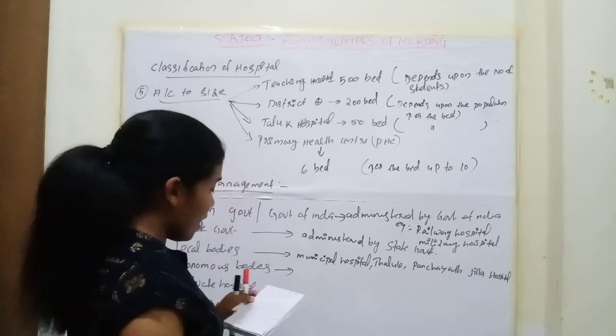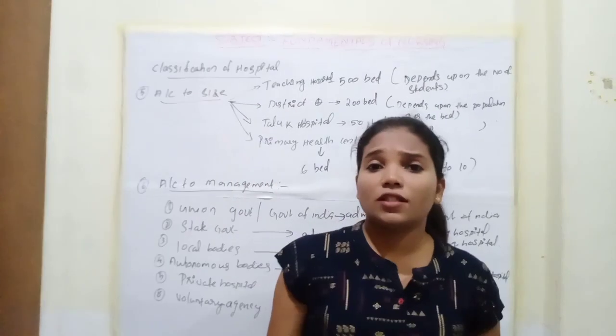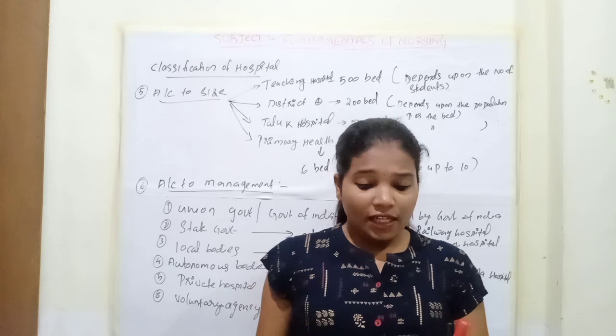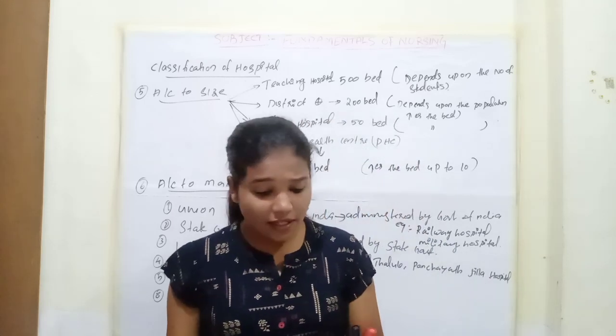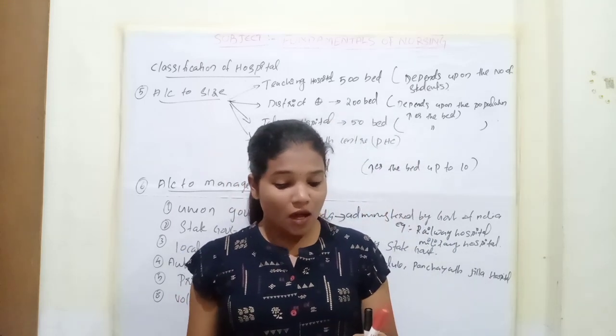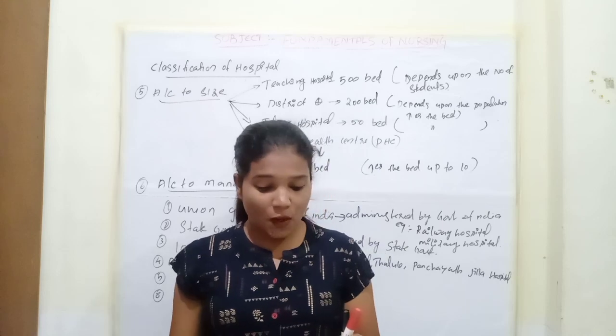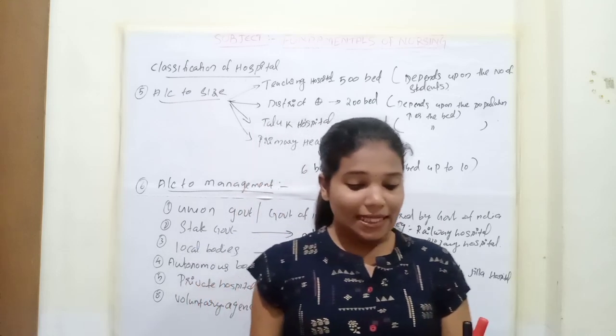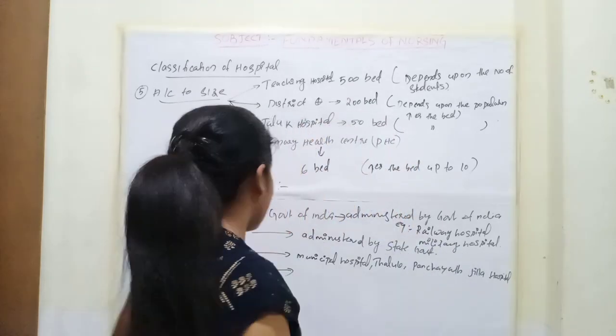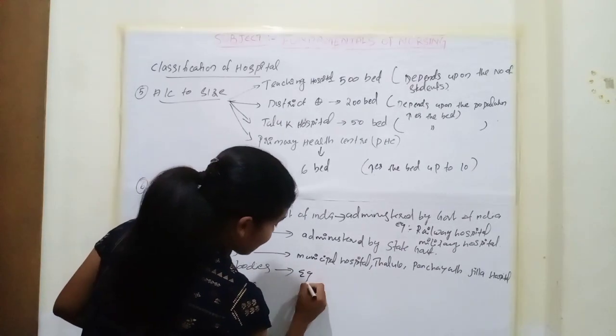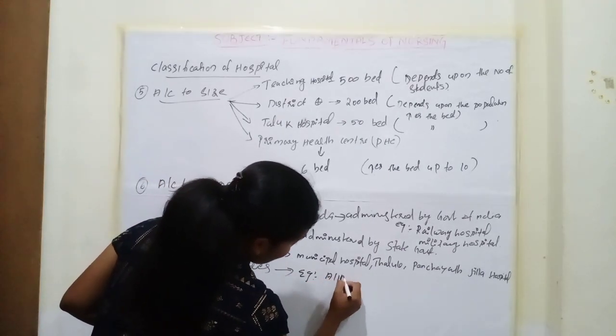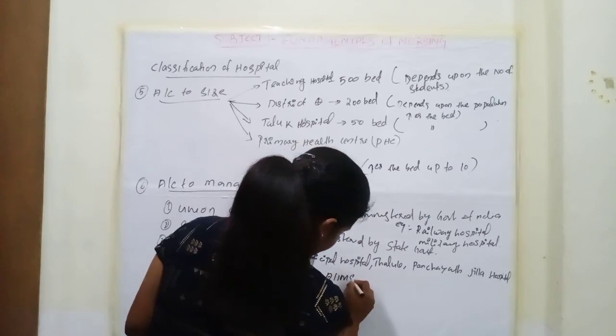So what are autonomous bodies? Autonomous bodies are hospitals established under a special act of the parliament or state legislation, founded by the central or state government. I will give you an example of autonomous: AIIMS. Have you heard about AIIMS?